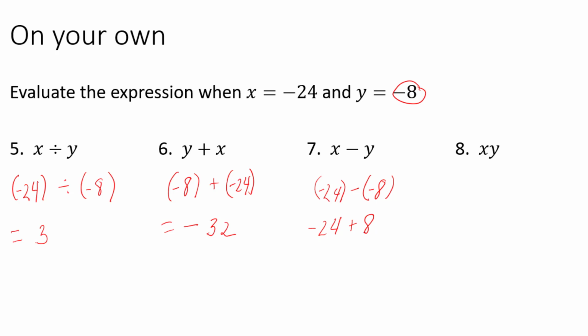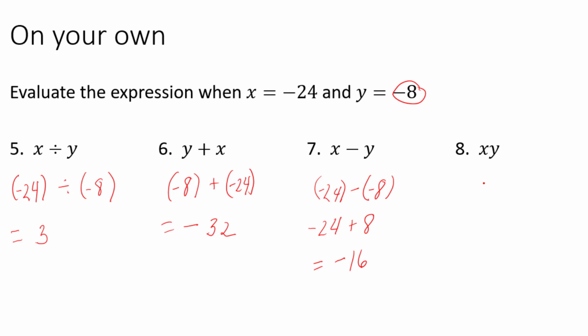Negative 24 plus 8. We find the difference. In addition, the difference between 24 and 8, and there's more negatives, so we'll make it a negative, is 16.